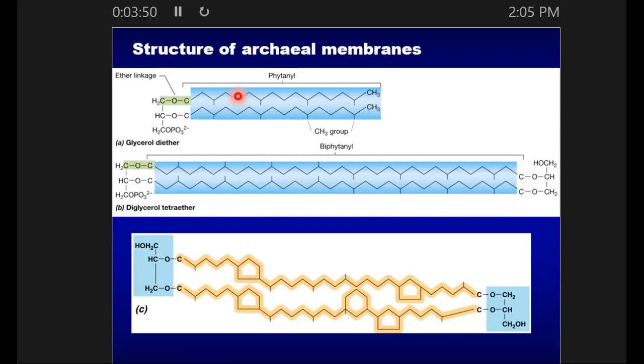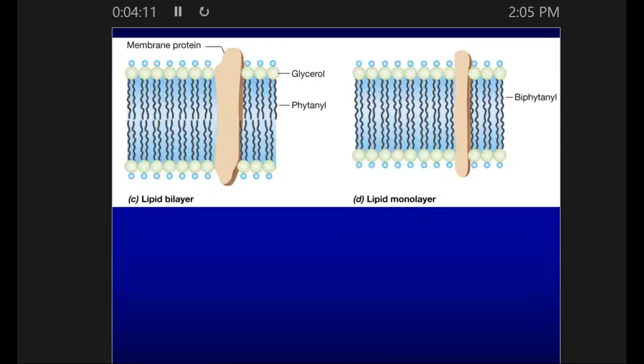On the other hand, figure B is not a bilayer configuration. This is a monolayer configuration. You don't see a gap anywhere. It's just solid, whereas we say we have phospholipid bilayers. Here's another depiction of it.